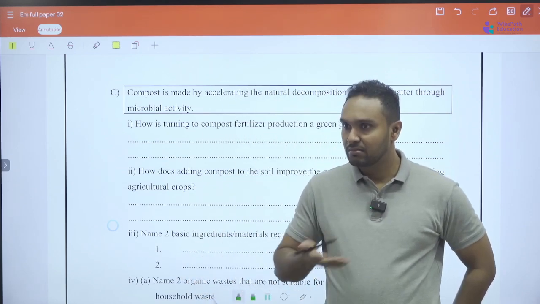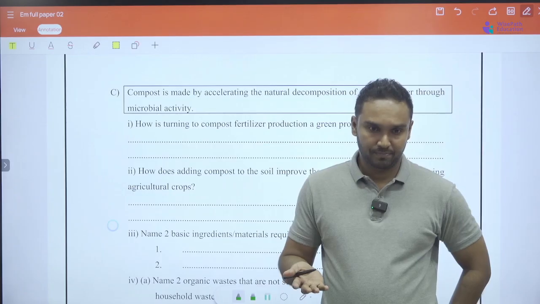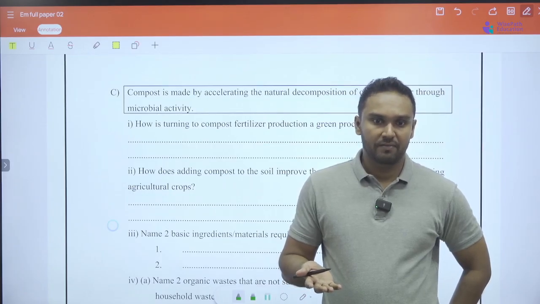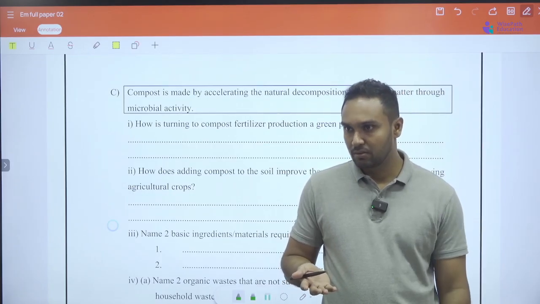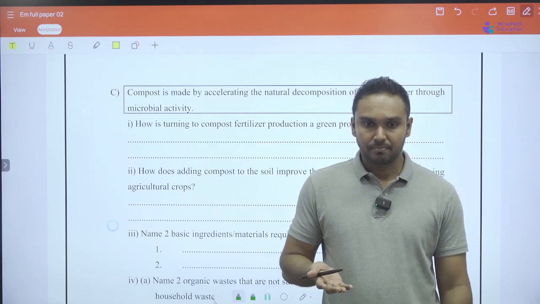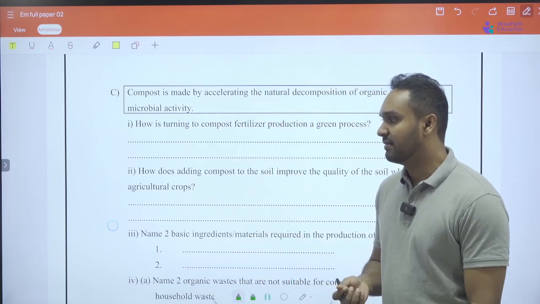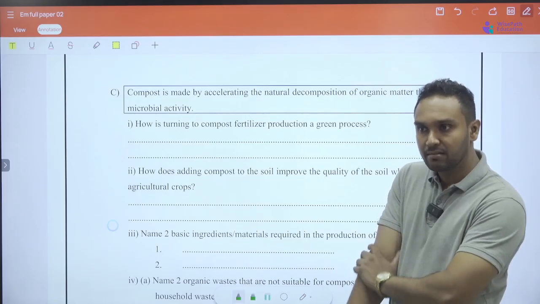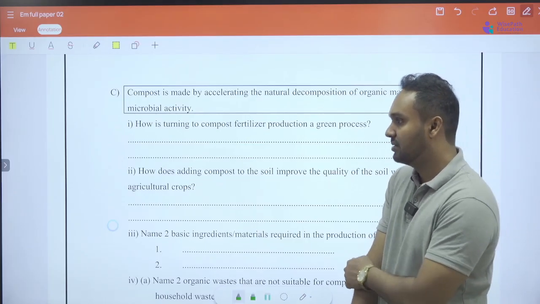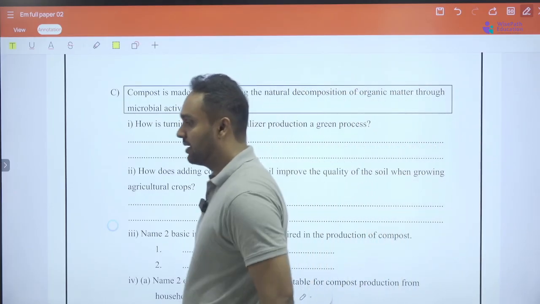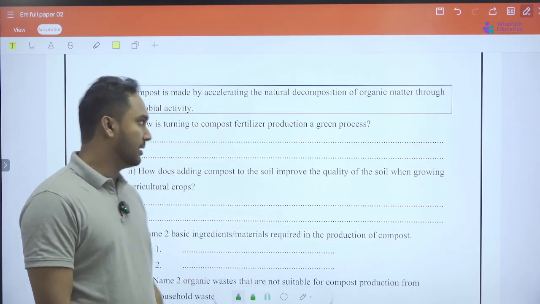If it isn't recyclable, it will get accumulated somewhere. That is the main issue.